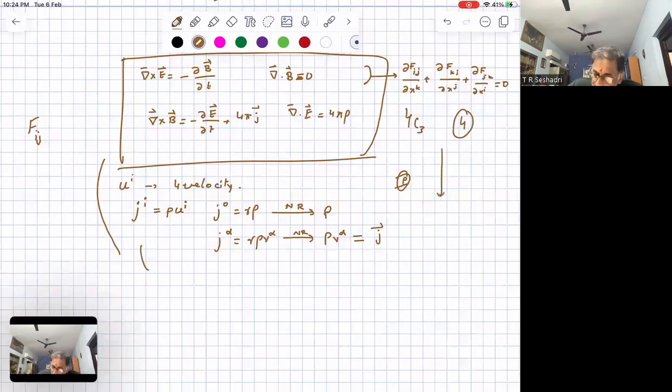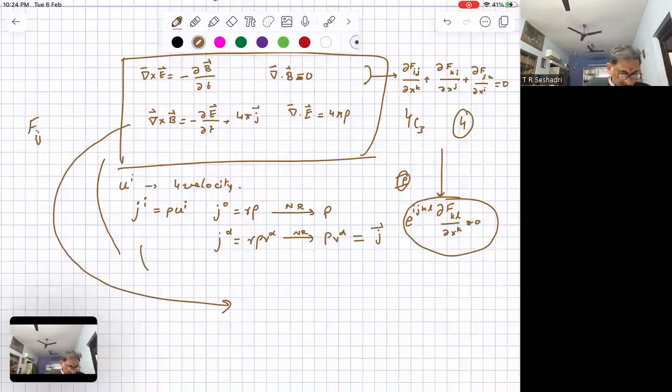These 4 equations can be written in a more compact form as epsilon i j k l del F k l by del x k is equal to 0. So this is the form of the Maxwell's equations for the first two. The second set of Maxwell's equations can be written as del F ij by del x, I think it's j or i. Sign will be a problem.